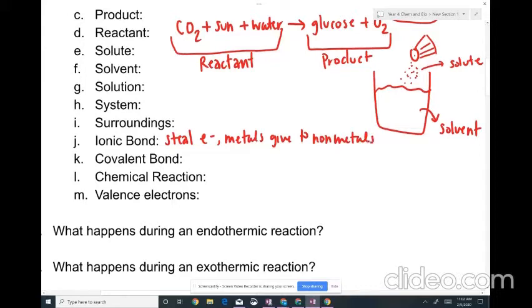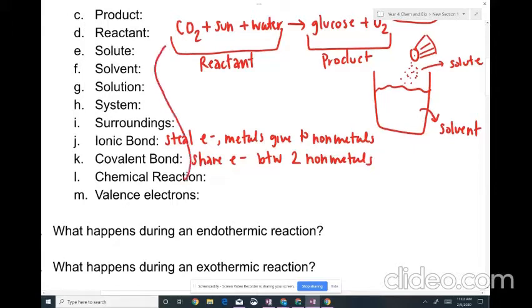The way you can tell is when you look at your periodic table, we have a line that separates some of our metals from our nonmetals, and we'll get into that a little bit further on. Covalent bonds is when we share electrons, and that's going to be between two nonmetals. So that is our thing on there.